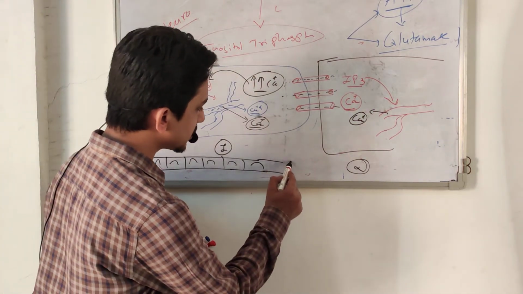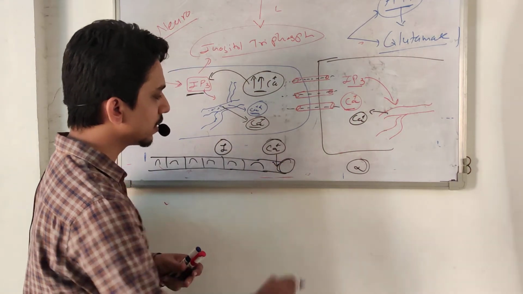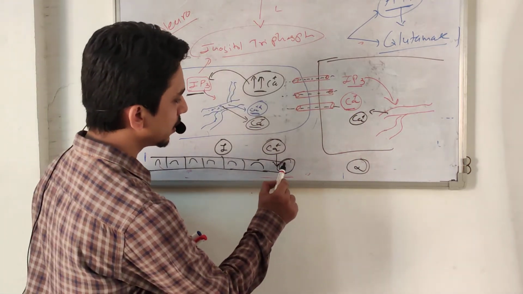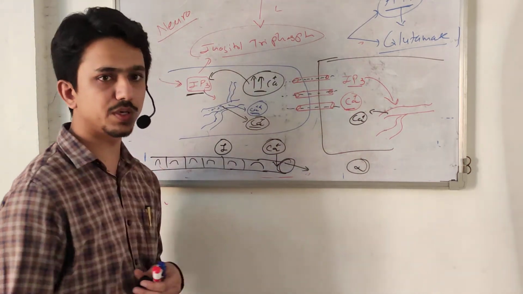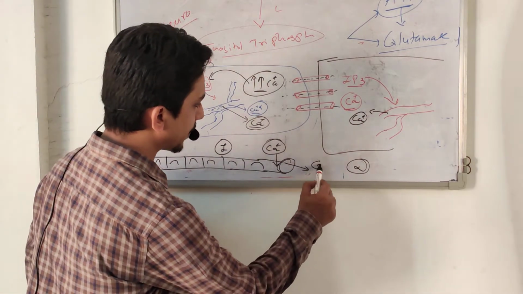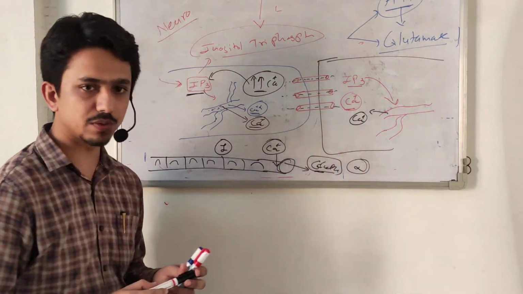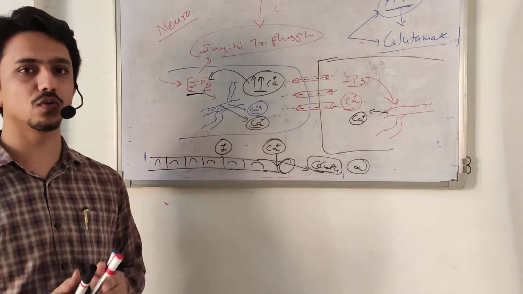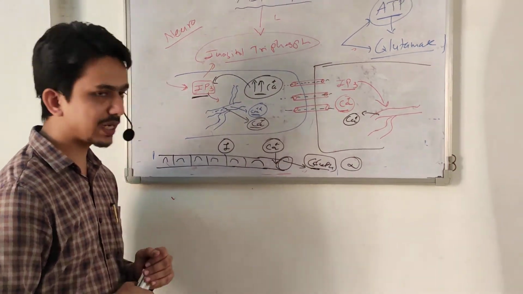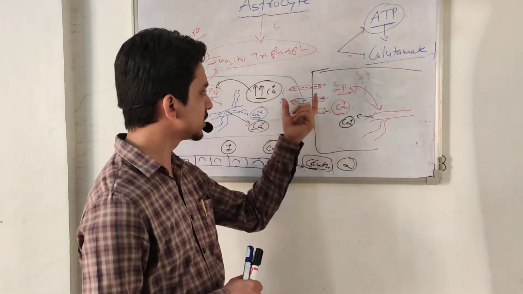Up to the terminals, when the calcium rises, calcium sensitive vesicles secrete the neurotransmitter or gliotransmitter in the last terminal parts, like glutamate. Glutamate is stored in calcium sensitive vesicles in the terminal part of cells. So by this way astrocytes work, and it shows this connection is important.